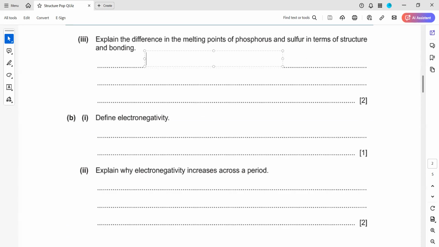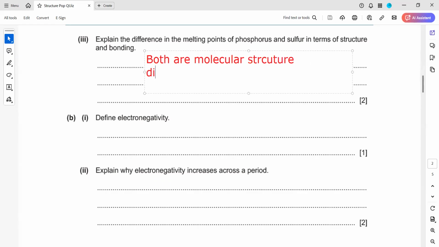So both are molecular structures. And as both of them are molecular structures and these are non-polar molecules, what kind of intermolecular force will it have? It will have mainly dipole-induced dipole force.